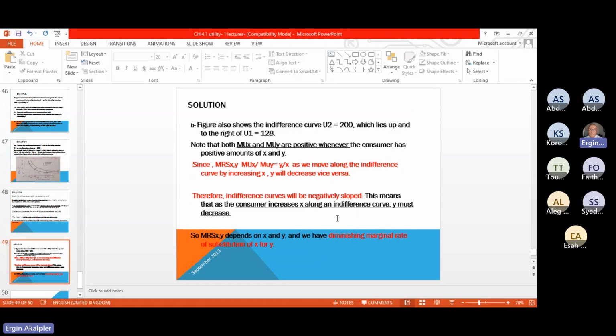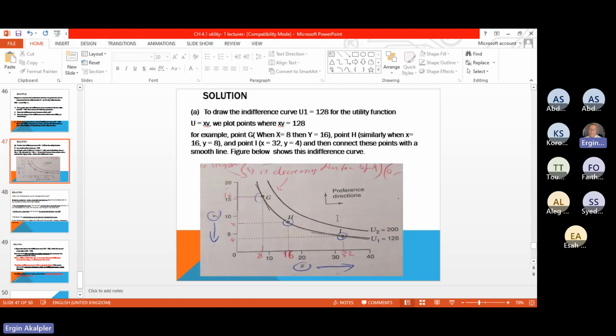As we move along the indifference curve, by increasing x, y will decrease, and vice versa. Therefore, the indifference curve will be negatively sloped, as indicated, because as much as you increase x, you are going to reduce y, or vice versa.